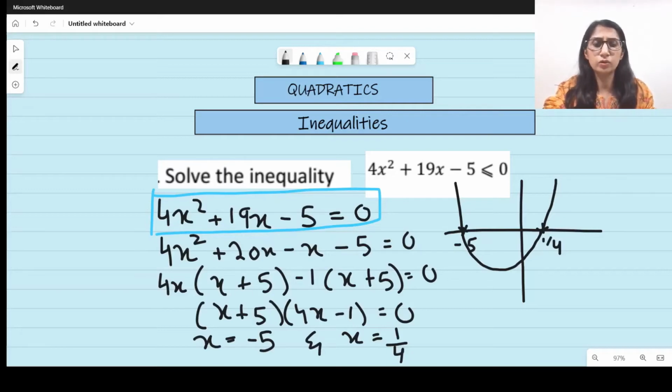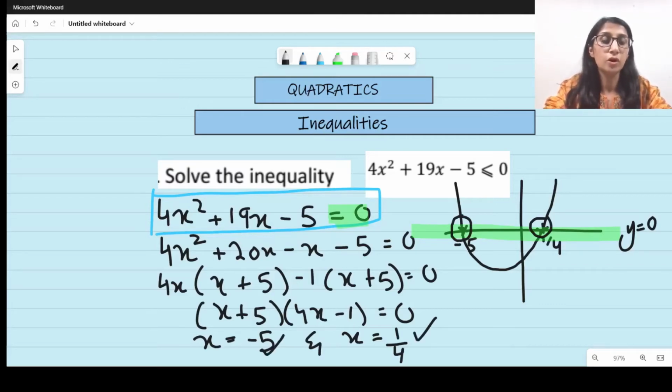Now if it's equal to 0, that would mean that we're talking about this line, and this line is y equals 0. So now you read the point of intersection between these two lines, the green line and the original curve. So that's why the answers are minus 5 and 1 by 4. So this is the graphical representation of solving a quadratic equation. However, that is not the question.